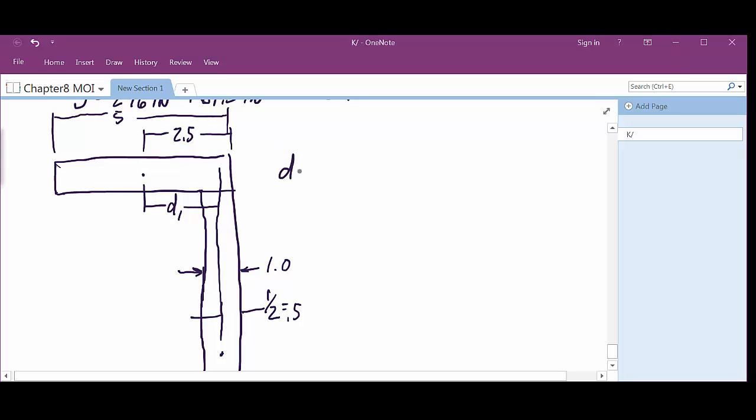D1 then equals this 2.5 minus the half, which was this half right here, wasn't it? It's the difference between the center of gravity of 1 and the center of gravity of 2. That's what D1 is.